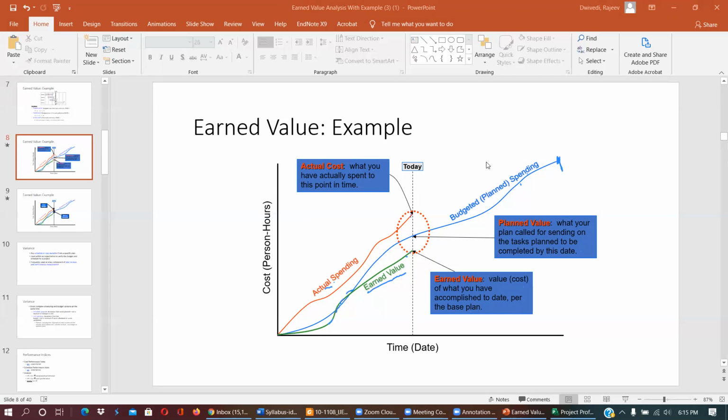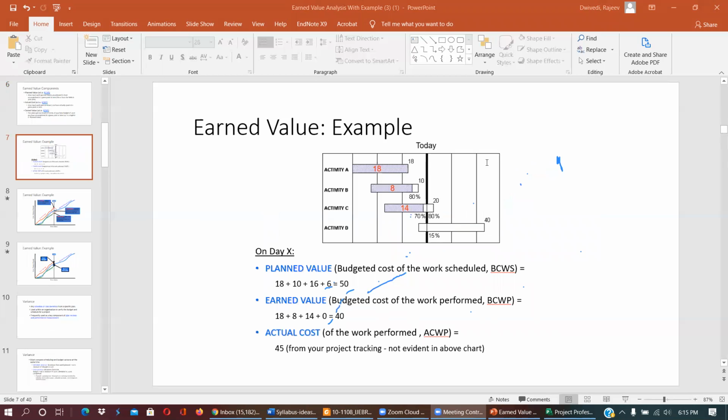Here is another example that you can get directly from Microsoft Project. For this earned value example, we would like to check on this day: what is the performance of my project?